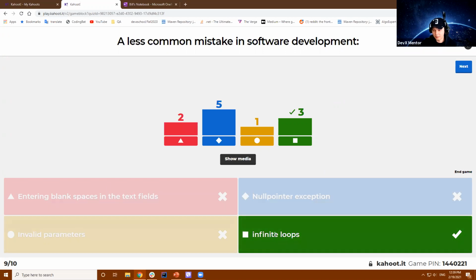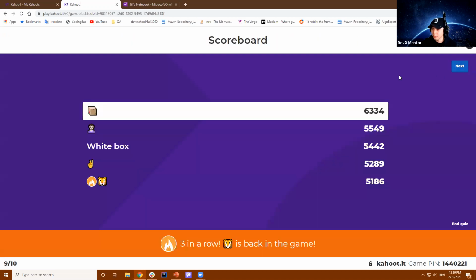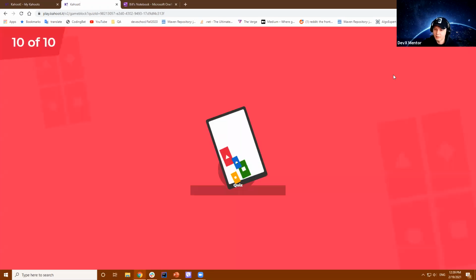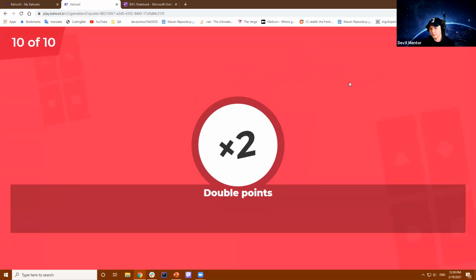Infinite loops are not that common a mistake because they're easier to find and fix before production. Okay, white box. One more question, guys, and it's also double, I believe.